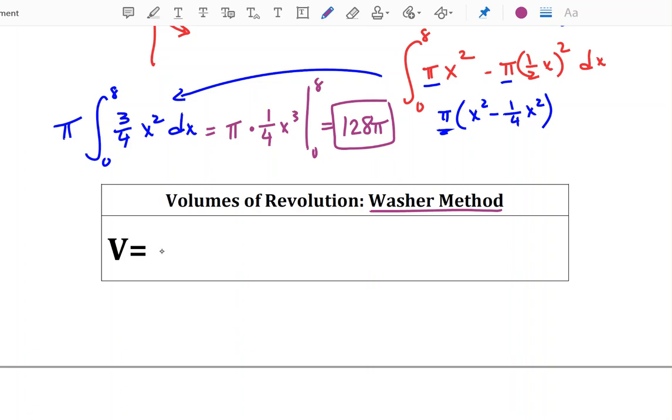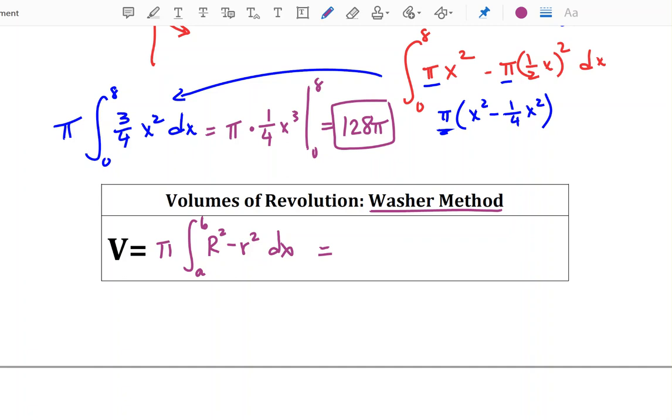And we've found that we can solve this by doing pi times the definite integral from a to b of the larger radius squared minus the smaller radius squared. This allows us to calculate the area of the annulus or washer by subtracting the area of the larger circle and the smaller circle, and then adding those up from a to b.